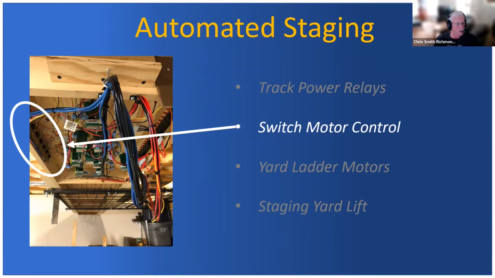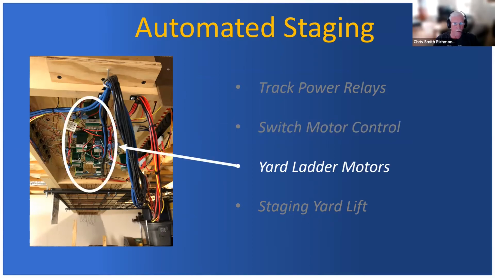The computer talks to those control cards, and they in turn tell which switch motor to move when. There's the tortoise switch machines arrayed underneath. And of course, in N-scale, like I mentioned before, you have to be careful because your distance between points is very small compared to, say, HO. So you have to carefully plan switch motor layout underneath.